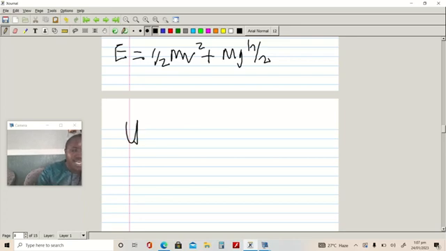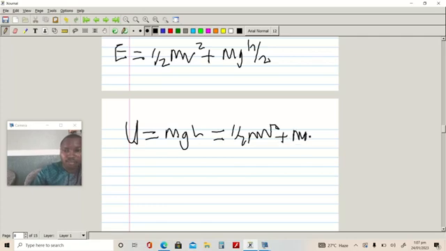Our normal potential energy, mgh, is equal to the total energy, which is equal to half mv squared plus mgh divided by 2.